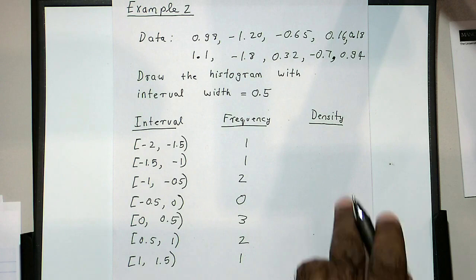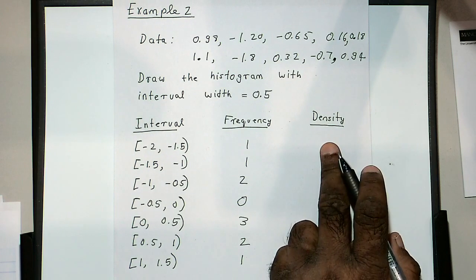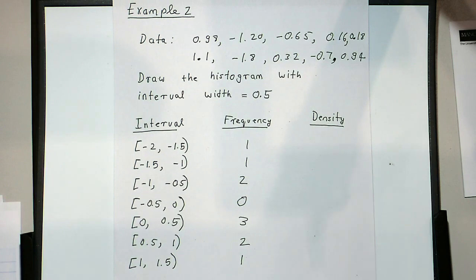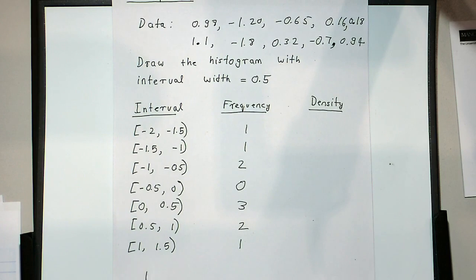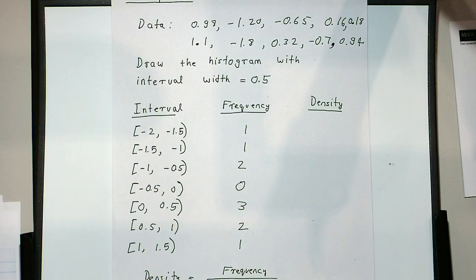And the density is defined as follows. Let me write it down here. Density is equal to the frequency column divided by the interval width multiplied by the number of data.